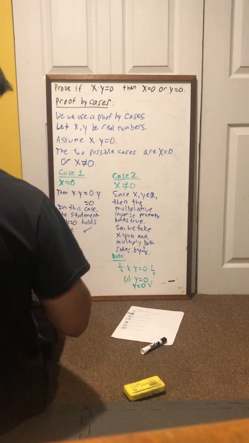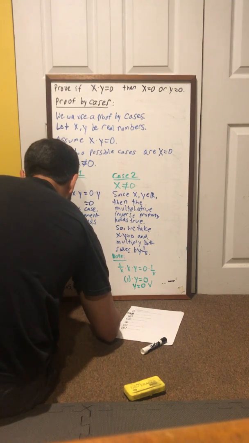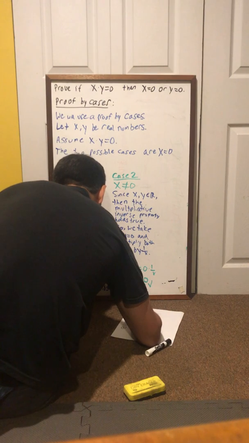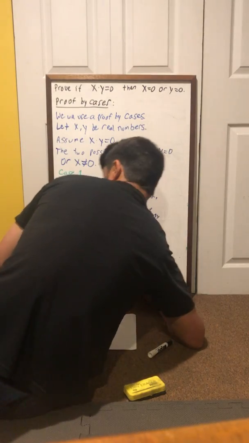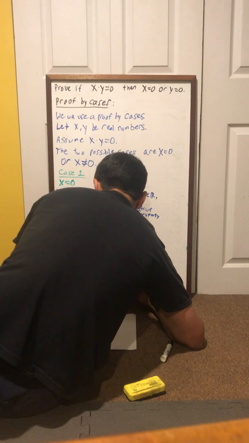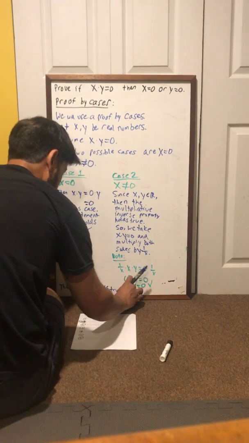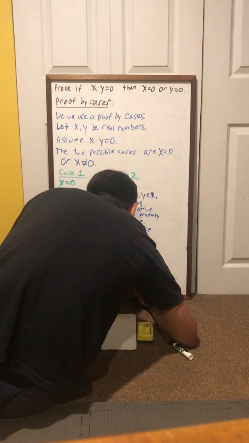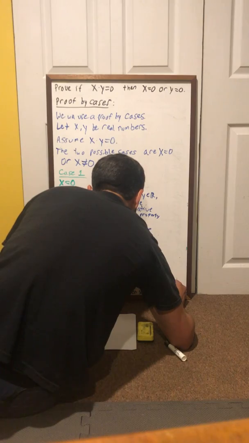Thus, x times y equals 0 holds true, then x equals 0 or y equals 0.